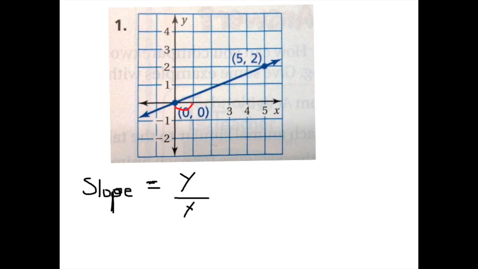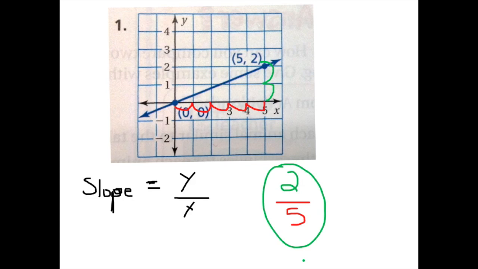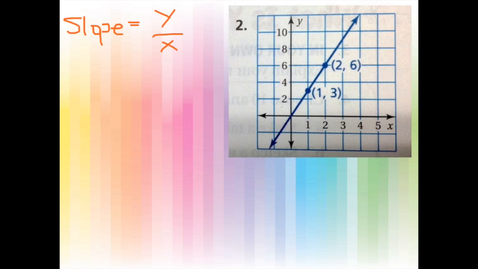So that's 1, 2, 3, 4, 5. So we know that our x is going to be 5. Then we look at our y, and that is 1, 2. So our slope, we have found, will be 2 over 5.